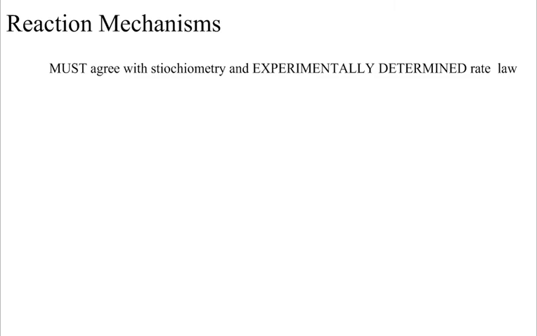It has to agree with your experimentally determined rate law, and it has to agree with the overall stoichiometry of the reaction. I put those in bold, that it must agree with the stoichiometry, even though I haven't seen any that disagree with the stoichiometry. But they must agree with the stoichiometry, and they must agree with the experimentally determined rate law.